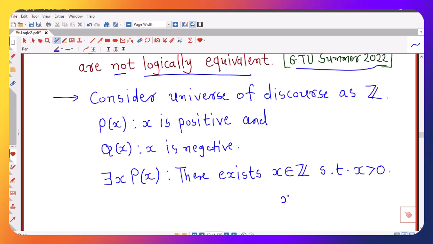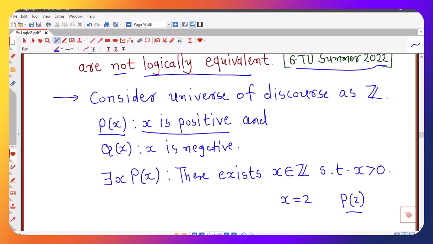We can consider x equal to 2, then p(2), 2 is positive, is always correct. We know that 2 is greater than 0.